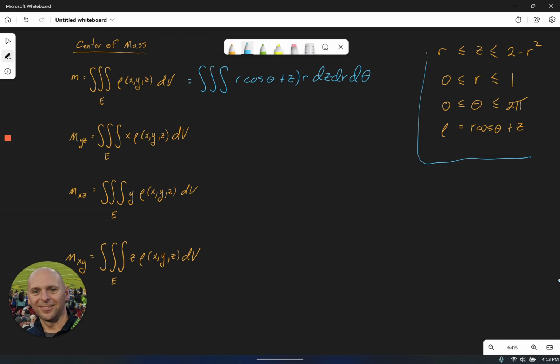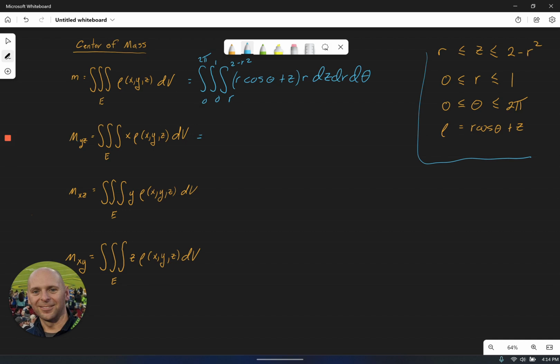And let's get some parentheses around that so we don't miss our distribution. Of course, now the limits: z is going to go from r to 2 minus r squared, r is going to go from 0 to 1, and theta is going from 0 to 2 pi. And they're all going to play out pretty much the same.